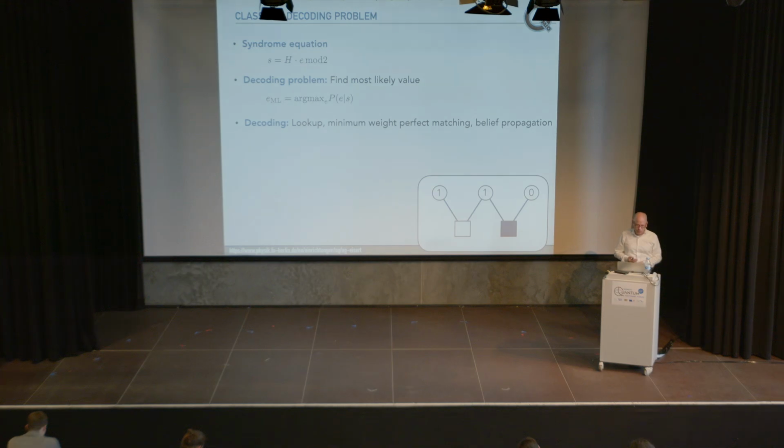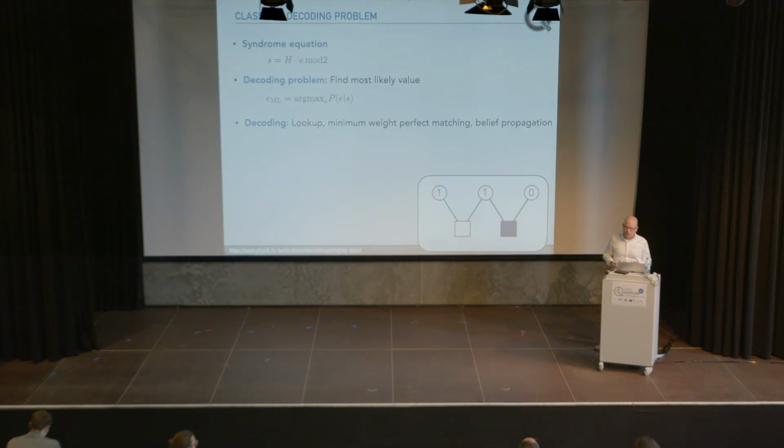Decoding means solving that problem, and the clearly optimal decoder is a lookup table that just has a table with all the good outcomes and good solutions of the problem. That's wonderful, it's optimal, but it doesn't scale so well. It scales exponentially with the system size. So people usually refer to inference algorithms like minimum weight perfect matching, belief propagation, and other settings of this type.